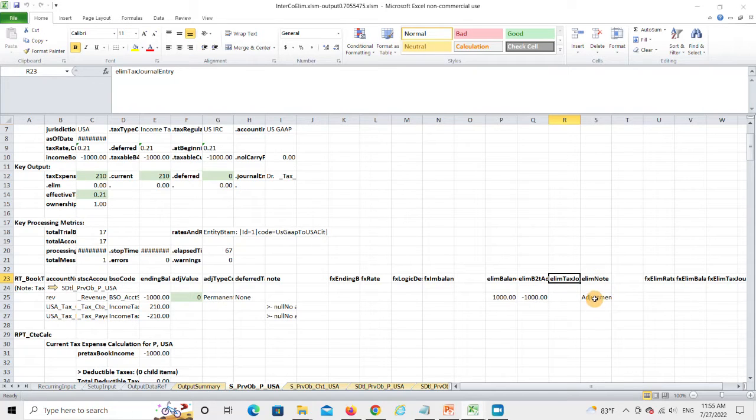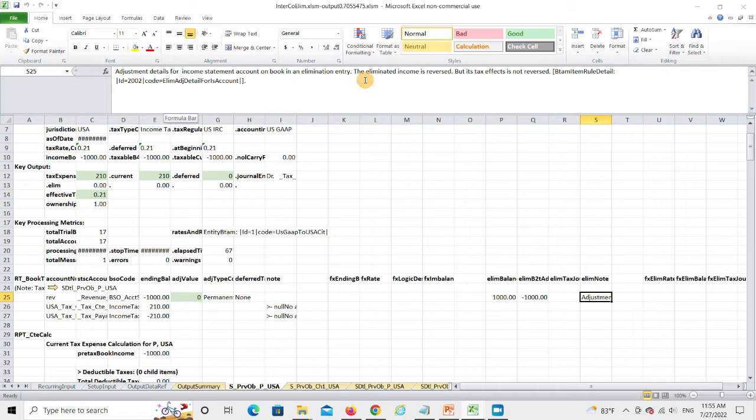And then let's take a look at the notes over here. The engine essentially says the eliminated income is reversed, but the tax effect is not reversed. And here is a detailed ID for that specific rule that was in effect in this case. So that's why the income was reversed, but the engine decided that there's no elimination effect.